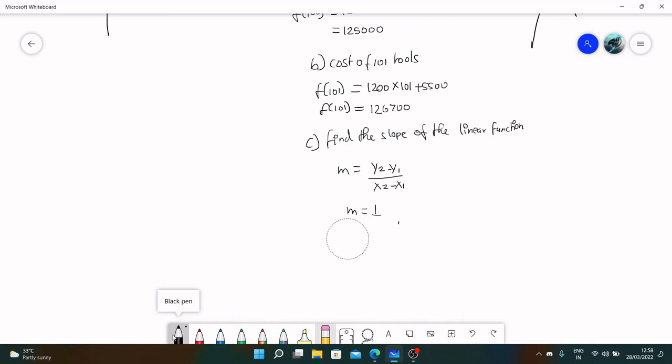We'll just redo this part. So m would be 126,700 minus 125,500 divided by 101 minus 100. And that actually gives you 1200 divided by 1. So your slope is 1200.